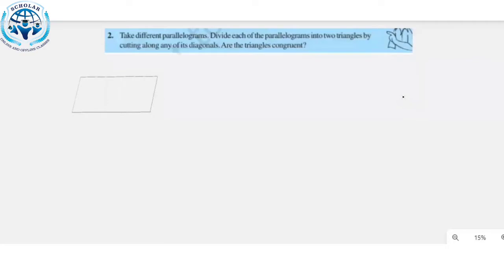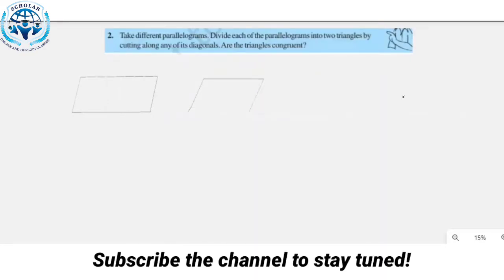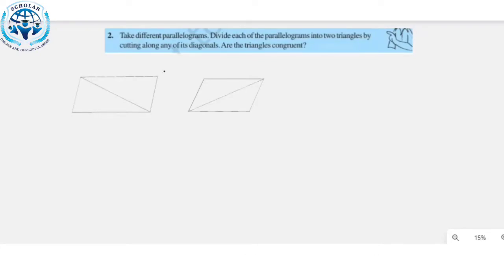Now take different parallelograms, divide each of the parallelograms into two triangles by cutting along any of its diagonals. Are the triangles congruent? Let's find out. I have drawn two shapes. In the first shape, we have to find out, are the triangles congruent? You can see the two triangles made by the diagonal.